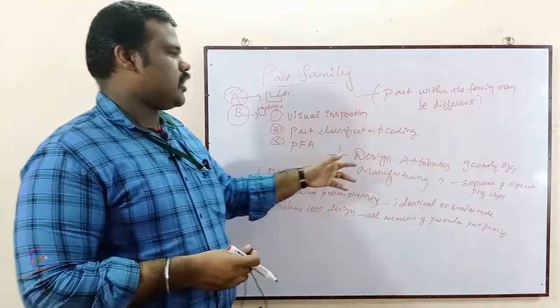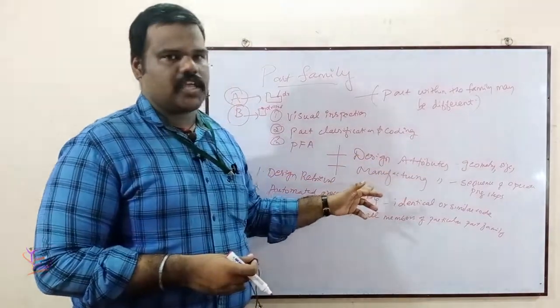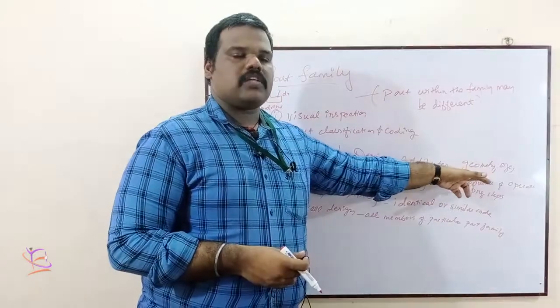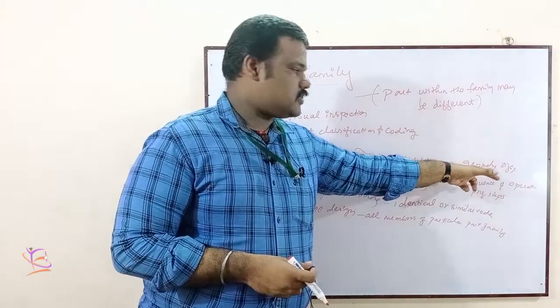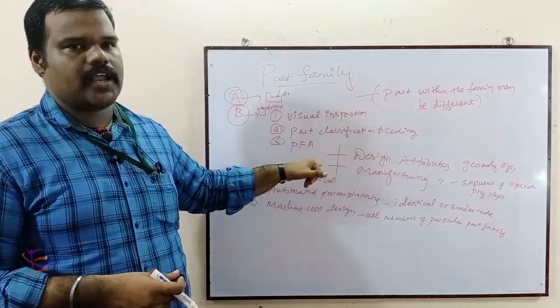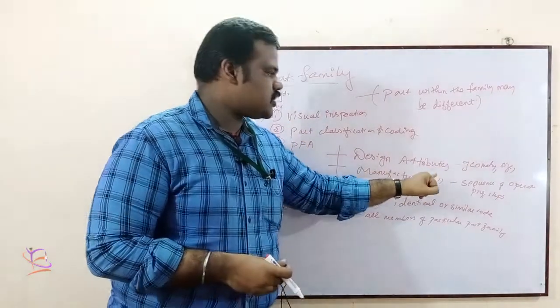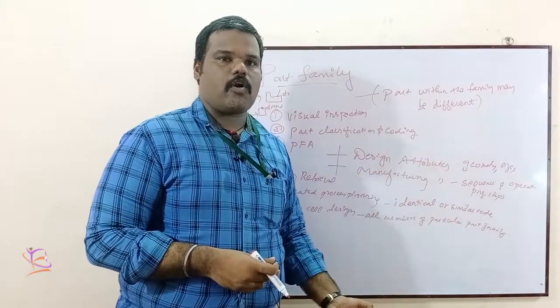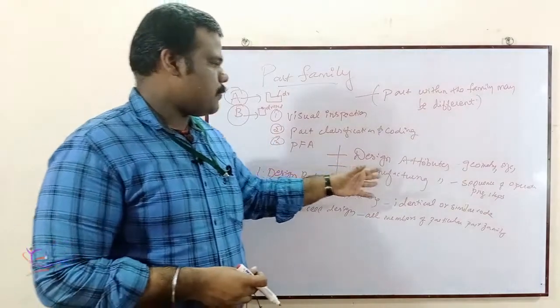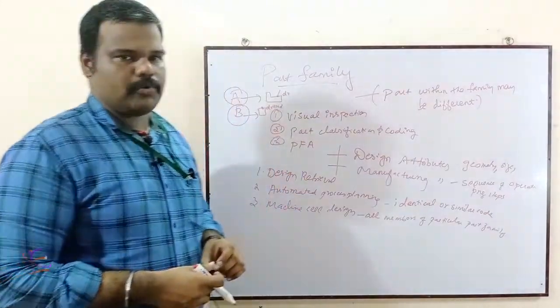The two types we are considering are design attribute and manufacturing attribute. First, design attribute: they are similar in geometry, size of the product, shape, etc. That all comes under design attribute. And manufacturing attribute is the sequence of operations, the processing steps, etc. That all comes under manufacturing attribute.